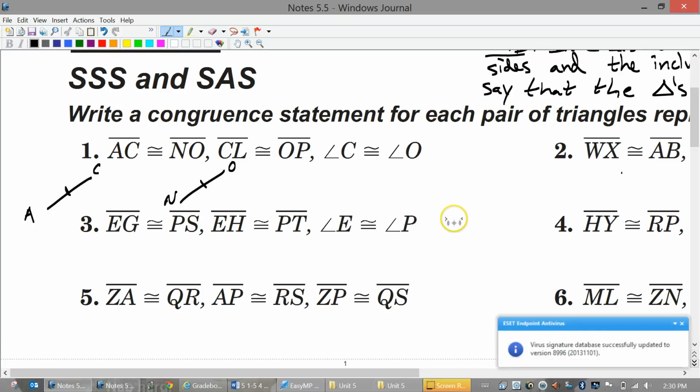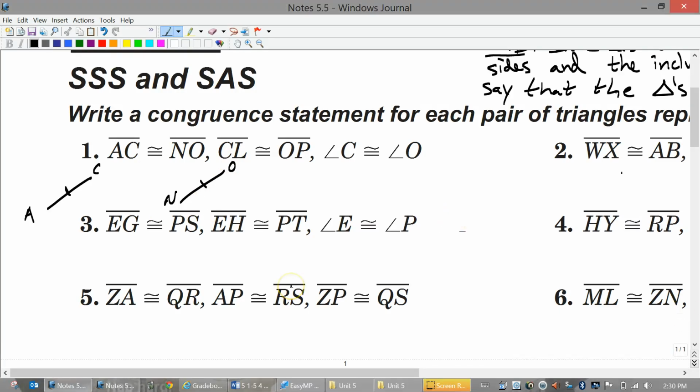Okay, and we're given information that segment CL from one triangle, so let's draw CL in there. I'm just throwing it out there that it's going to be there. CL congruent to segment OP from the other triangle, 2 tally marks. Okay, and we have this triangle now.